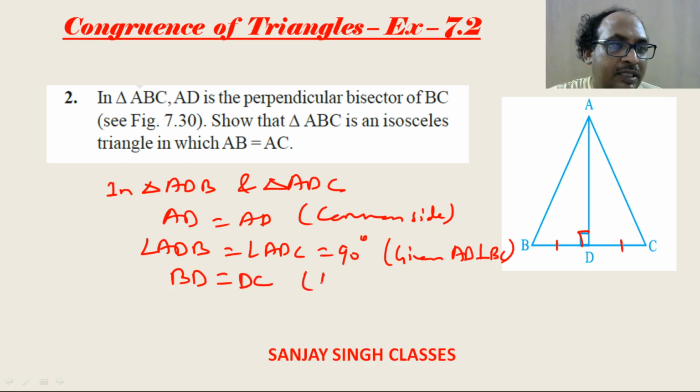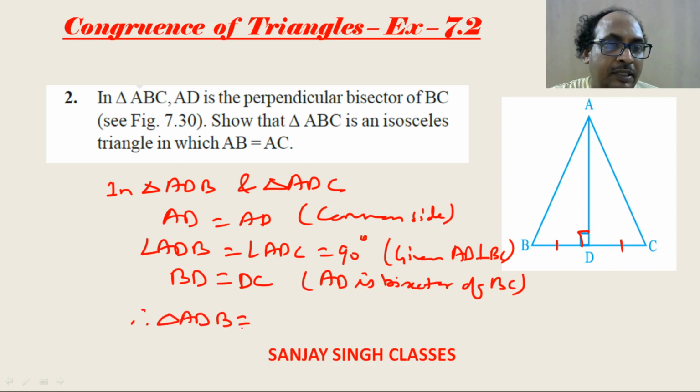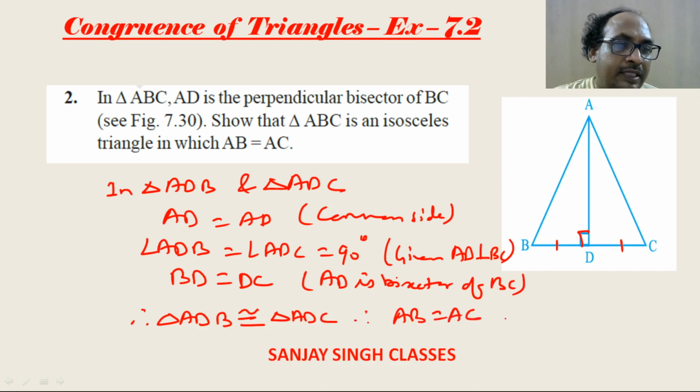Why? Because AD is the bisector of BC. Therefore, triangle ADB is congruent to triangle ADC. If it is congruent, therefore AB is equal to AC. Why? CPCT. CPCT means corresponding parts of congruent triangles. Therefore, triangle ABC is an isosceles triangle.